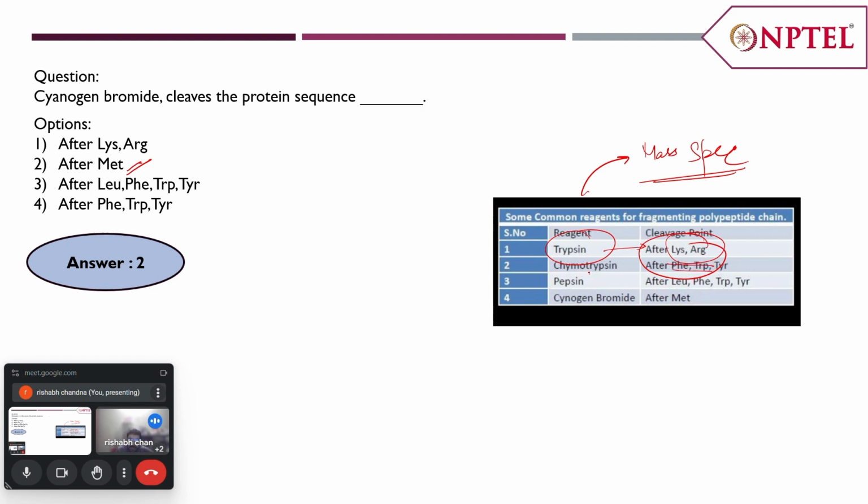Then chymotrypsin cleaves after the aromatic amino acids, that is phenylalanine, tryptophan, and tyrosine. Pepsin, generally present in our stomach, cleaves at leucine, phenylalanine, tryptophan, or tyrosine. And cyanogen bromide cleaves after methionine.